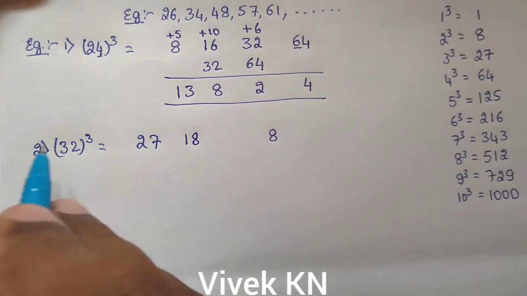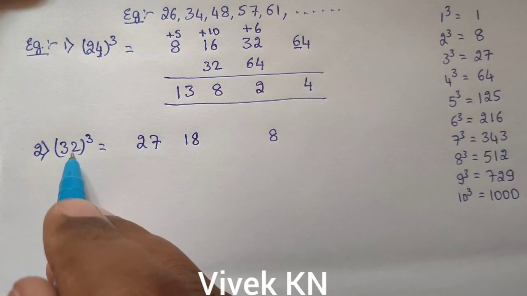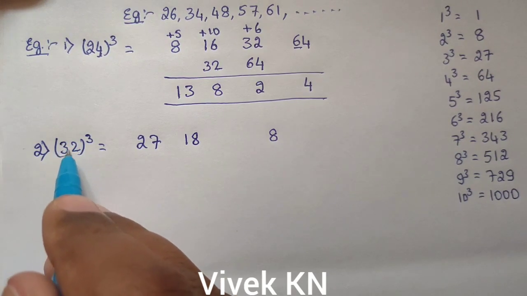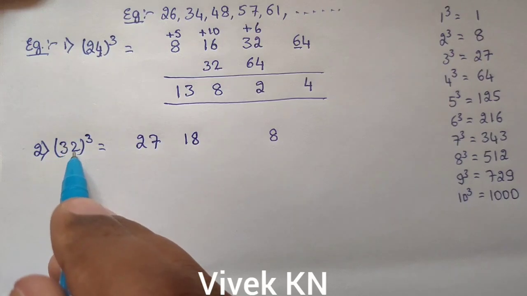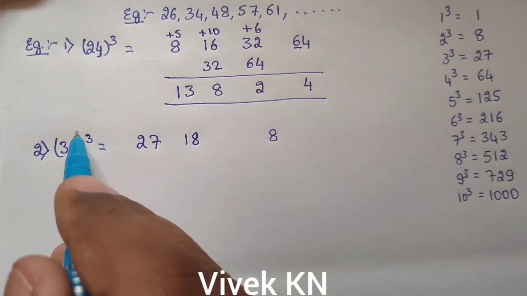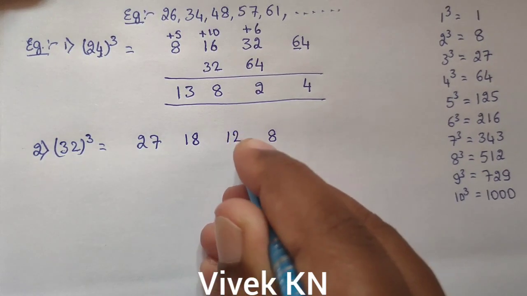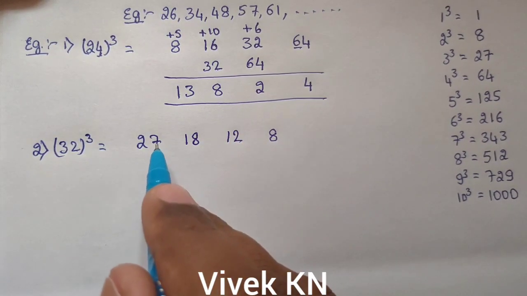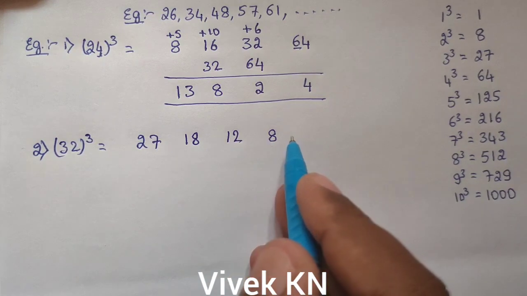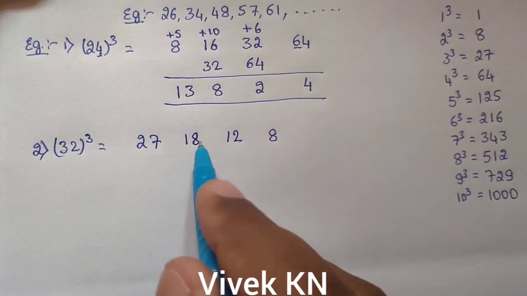In the third step, we have to square the second digit of the given number, and then multiply with the first digit. That is 2 square is 4. 4 into 3 is 12. Now we have to leave the first number and the last number, and double the middle two numbers.